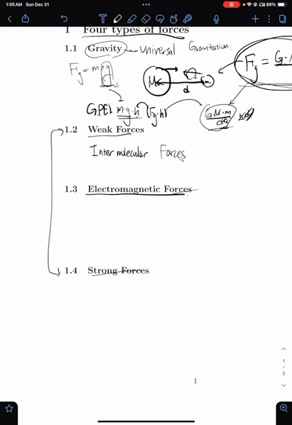So if you have two electrons here, they are going to repel each other. But we want to know the strength with which the two electrons are repelling each other. And that's known as Coulomb's law, which states that the force of the two electrons pushing against each other is the Coulomb's constant K.